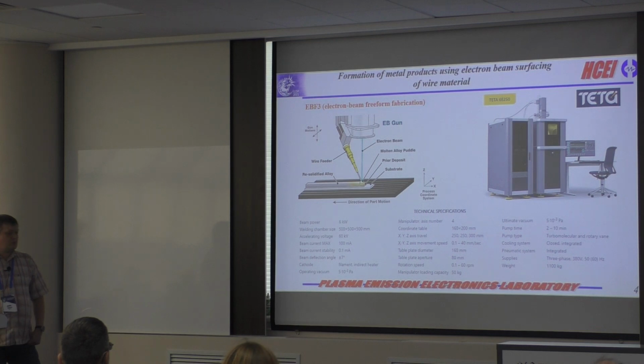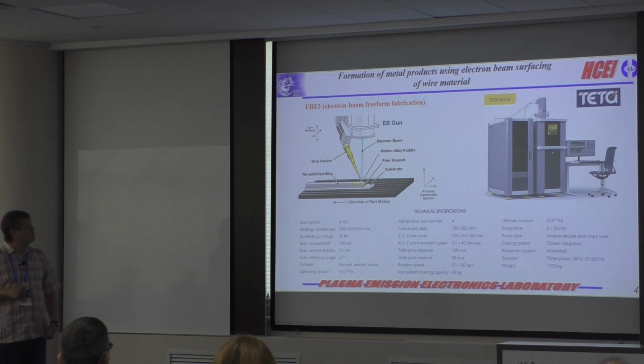As I said before, the workpieces for specimens were manufactured at the equipment of Tete Company, and for production it uses the technology of electron beam surfacing of wire material. The scheme of the process you can see on this slide.